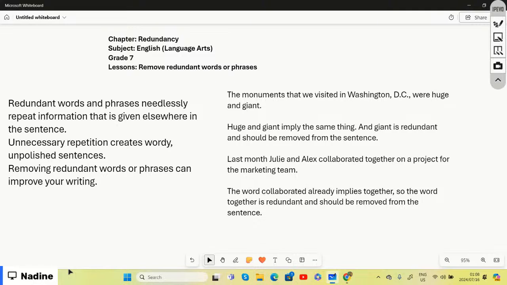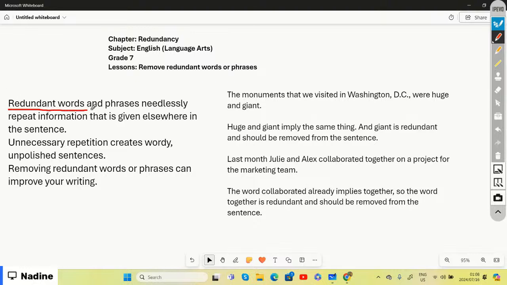So we see that redundant words and phrases repeat information that is given elsewhere within a sentence.